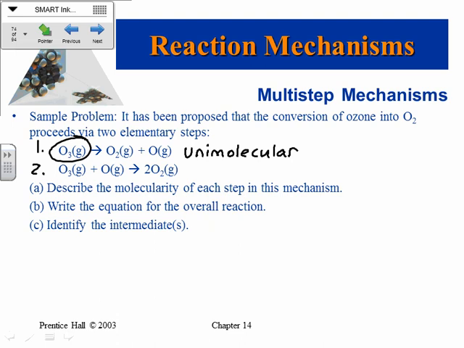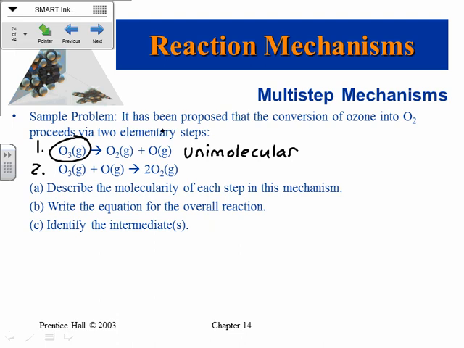Think about ozone. Ozone layer, why is that a good thing? Ultraviolet light tends to split this apart. So you've got this O3, it gets hit with some electromagnetic radiation and it splits apart. That's a unimolecular first step of this reaction.